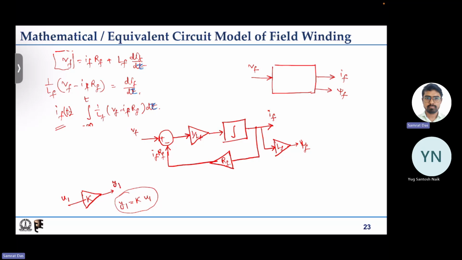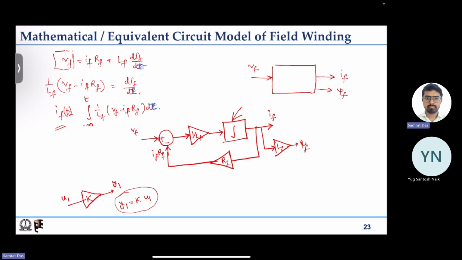What do you mean by static operation? If you know the input at t equal to t1, you can know the output at t equal to t1. But the only dynamic operation that is coming is this integration. For integration, to get the output, that instant input is not enough to tell what is going to be the current at that instant.